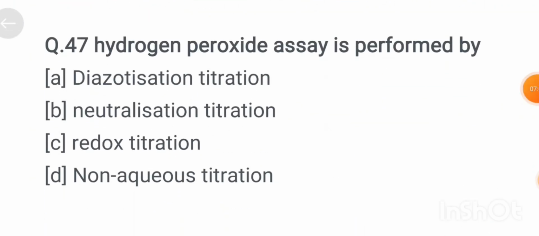Next question. Hydrogen peroxide assay is performed by: option A, diazotization titration; option B, neutralization titration; option C, redox titration; option D, non-aqueous titration. Correct answer is option C, redox titration.